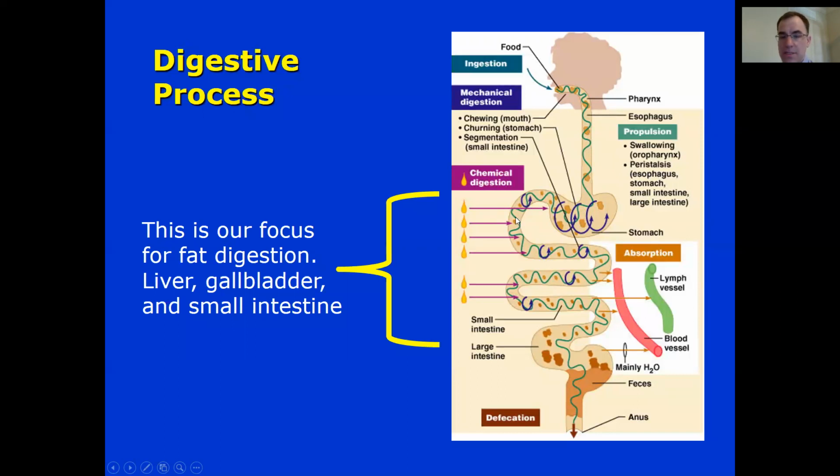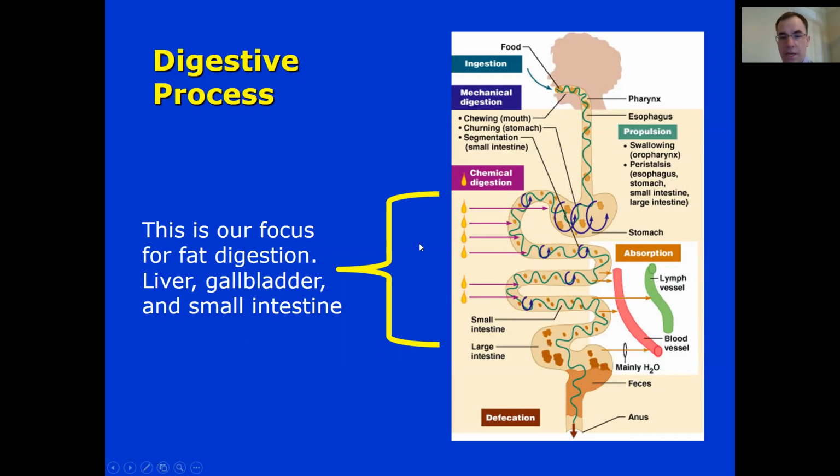That chyme then gets deposited into your small intestine, where a lot of the absorption of nutrients occurs, so a lot of carbohydrates, fats, and proteins. Then it moves out of the small intestine and into the large intestine, where a lot of water is reabsorbed, and then finally out through defecation.